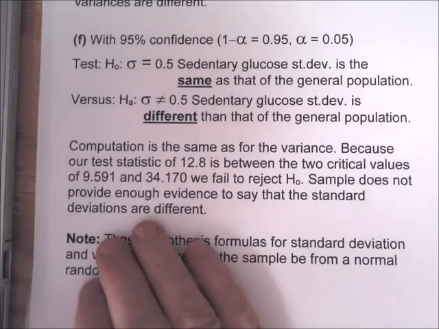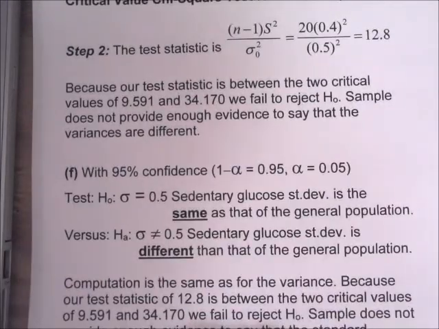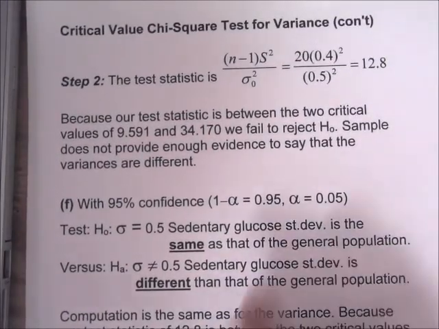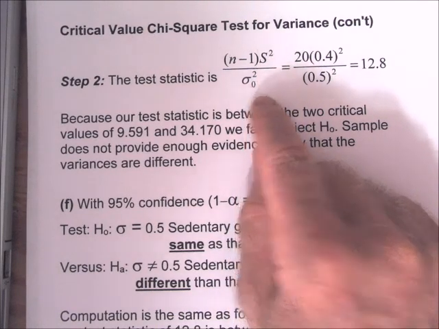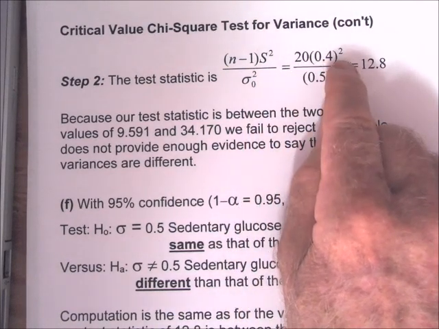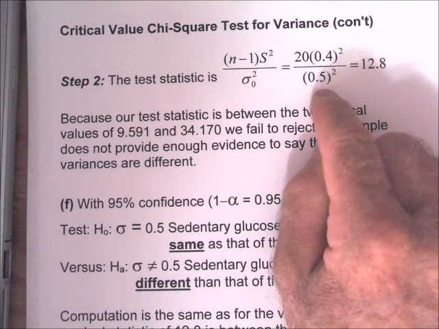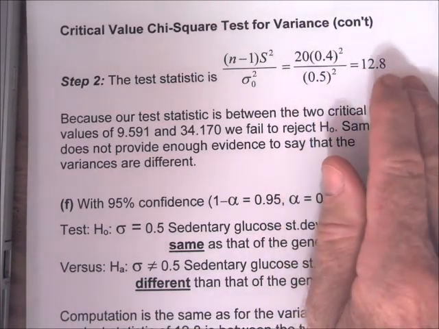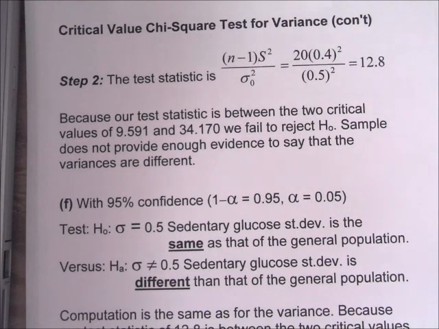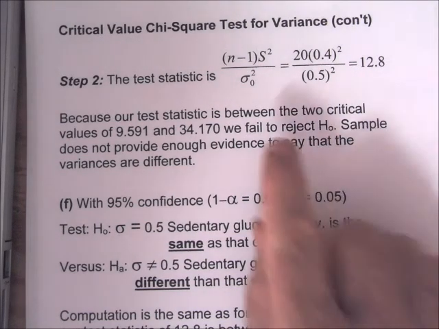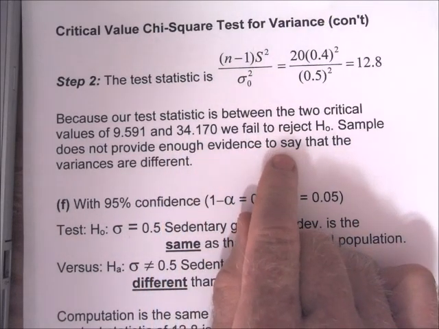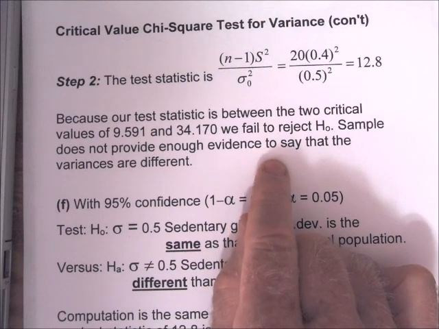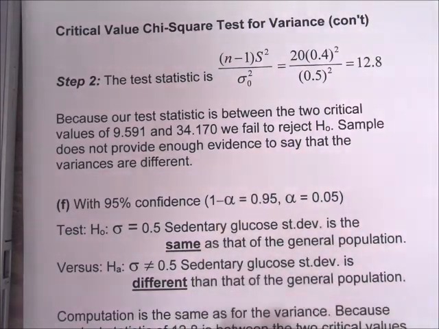Then we compute the test statistic: n minus 1 times S squared over sigma naught squared, 20 times 0.4 squared over 0.5 squared, which is 12.8. Because our test statistic is between the two critical values of 9.591 and 34.170, we fail to reject H0. The sample does not provide enough evidence to say that the variances are different.